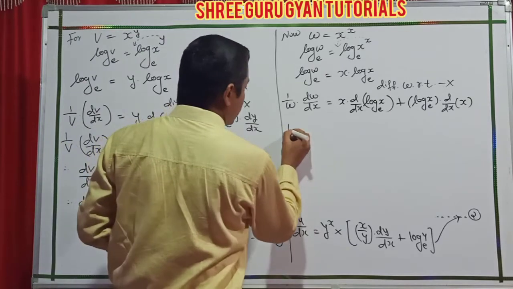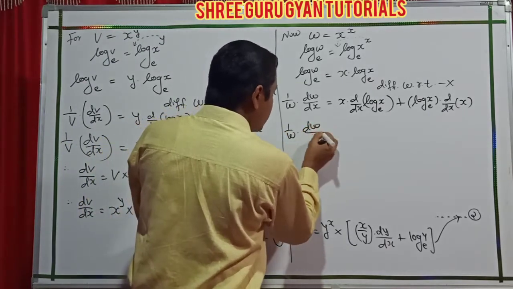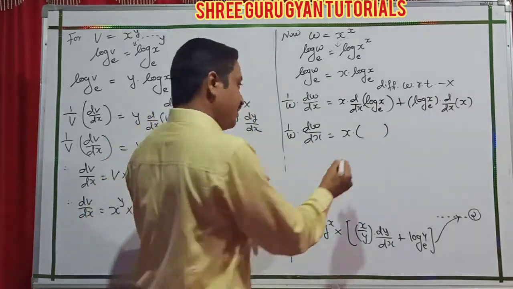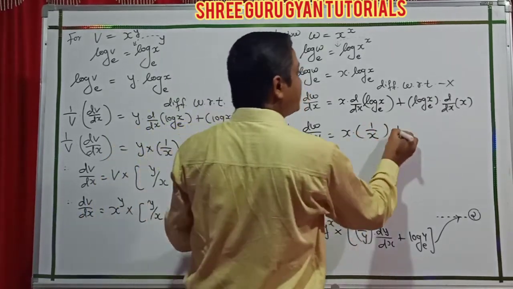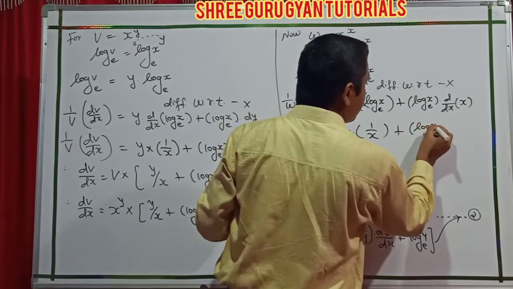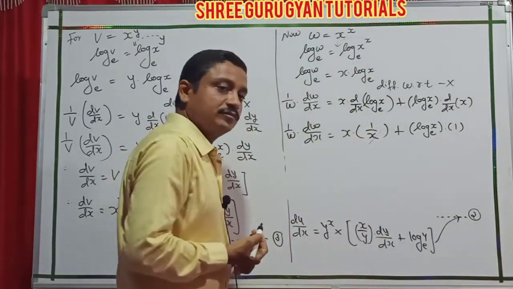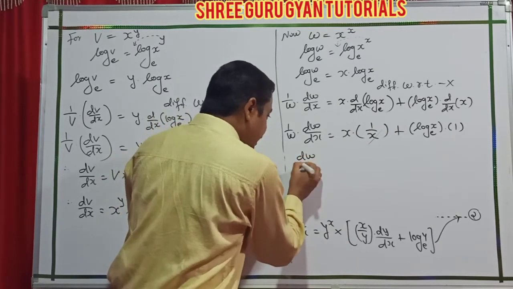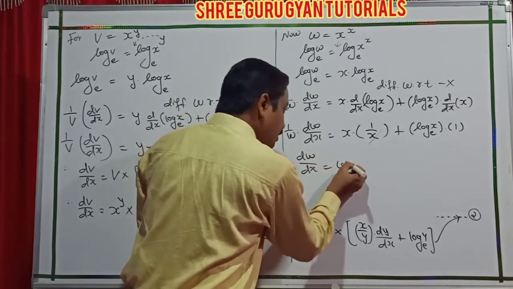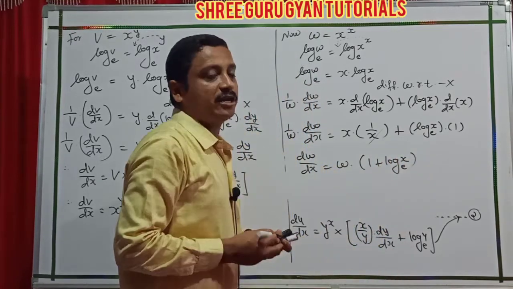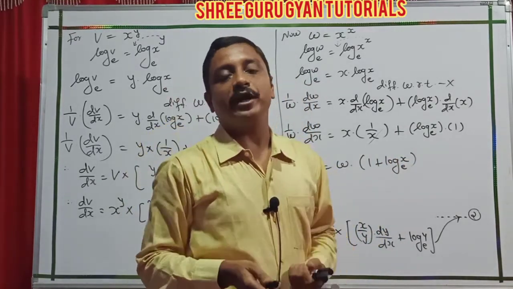So 1 by w into dw by dx, and what is the log x derivative? It is 1 by x, and here log x base e is the same, and d by dx of x is only 1. This is also done. So what is dw by dx? W into (1 plus log x base e), and here students I just substitute the w value.